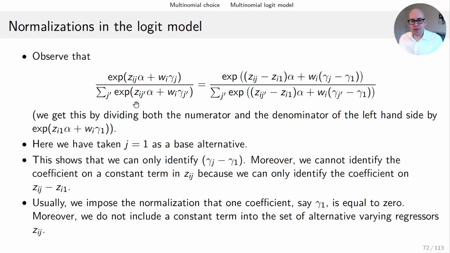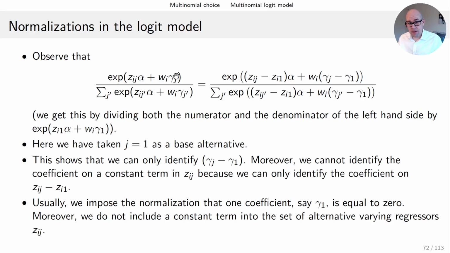I can divide both the numerator and the denominator of this expression by the exponential function evaluated at zi1 alpha plus wi gamma 1. That would be the exponential function evaluated at the mean utility for alternative number 1.